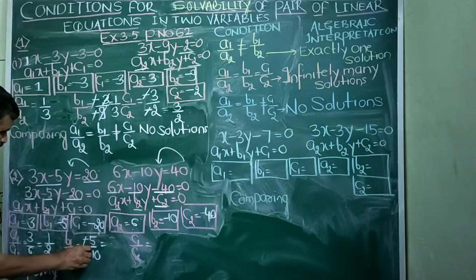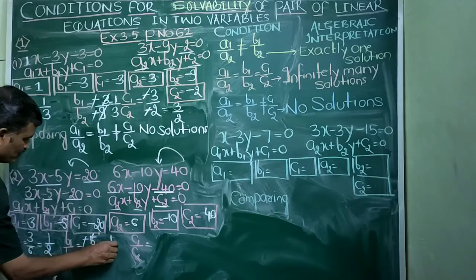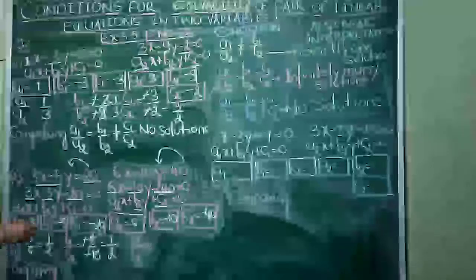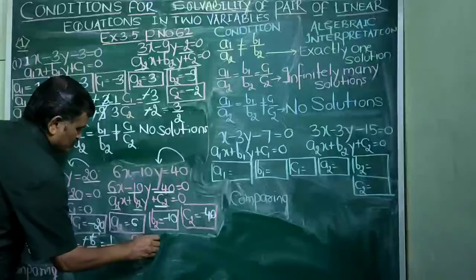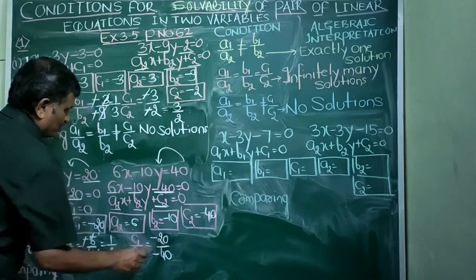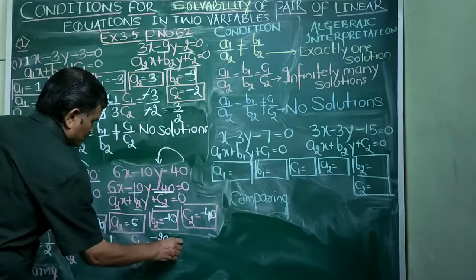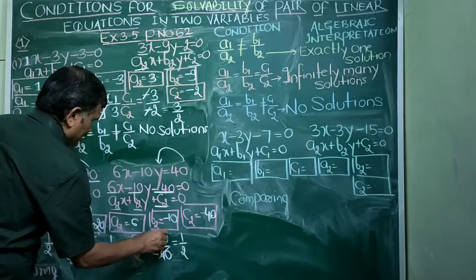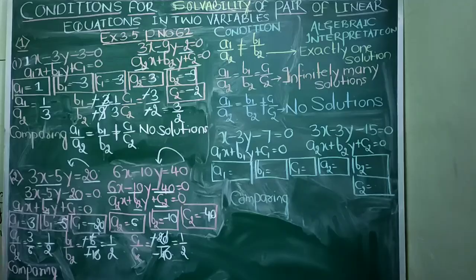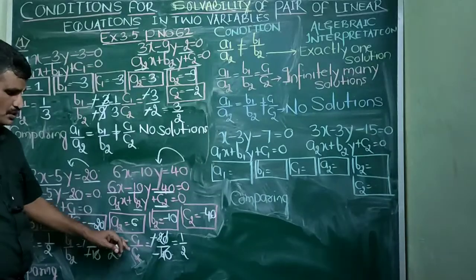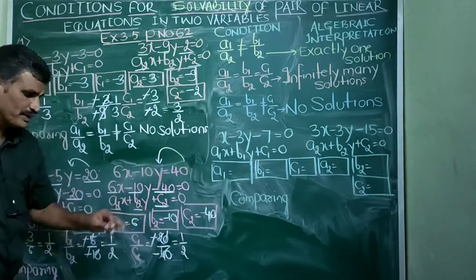Again the minus cancels, 5 ones are 5, 5 twos are 10, so it is 1 by 2. Then C1 by C2, that is -20 by -40, again 1 by 2. So the value of A1 by A2 is 1 by 2, B1 by B2 is 1 by 2, and C1 by C2 is 1 by 2.